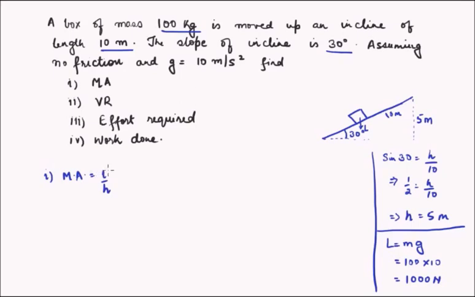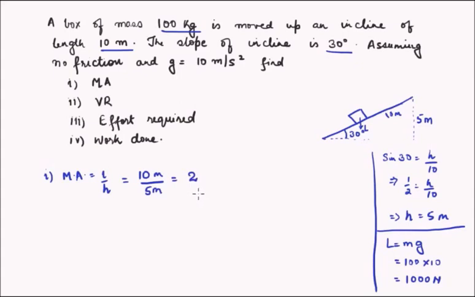We have been given L as 10 meter and we just found out that H, the height, is 5 meter. So that gives us a mechanical advantage of 2. What this means is that the effort required will be half times the load.